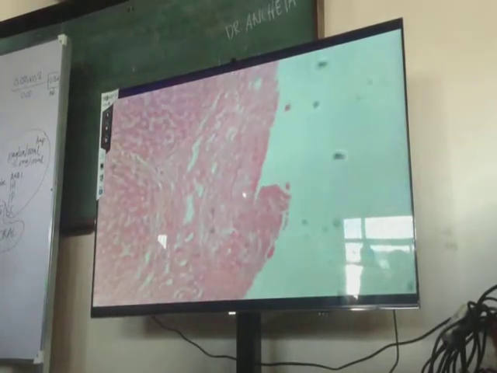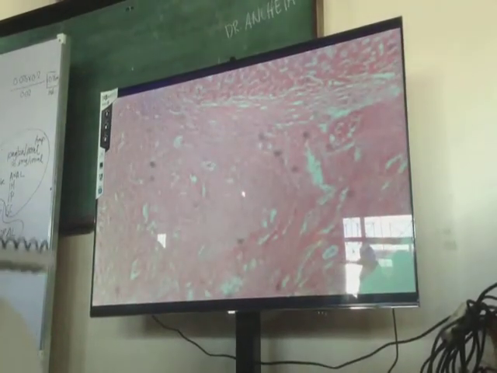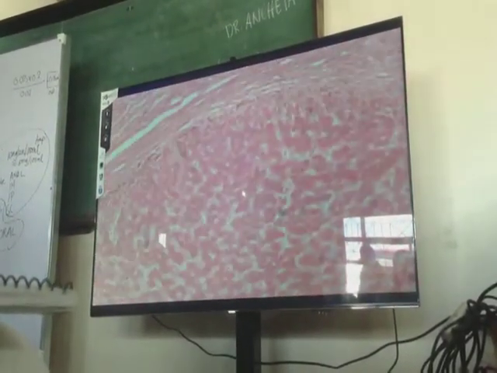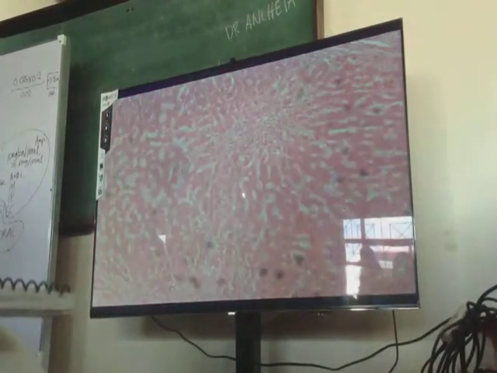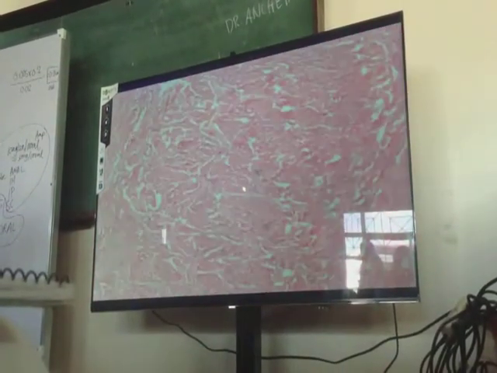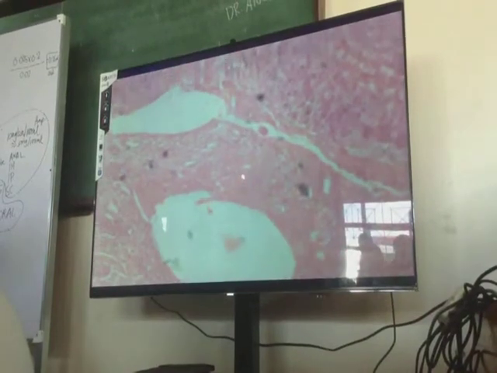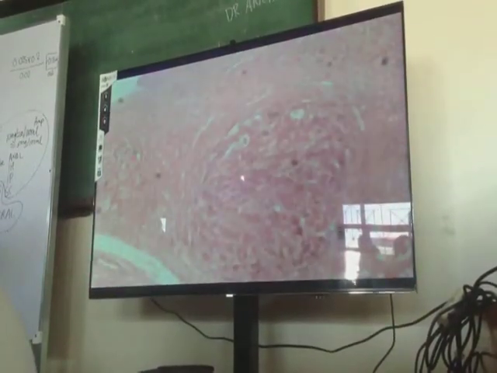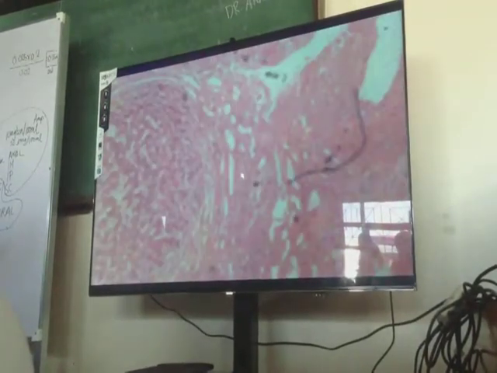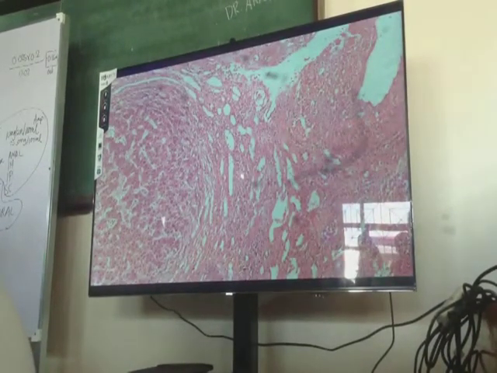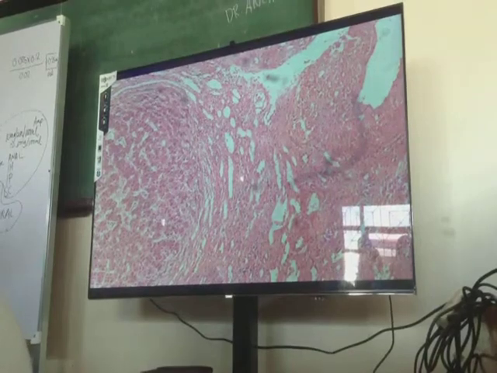If you will open Robbins, how will you describe the pattern of arrangement of fibrosis? Onion skin pattern. We must look for that onion skin pattern surrounding a bile duct to come up with the diagnosis of sclerosing cholangitis.